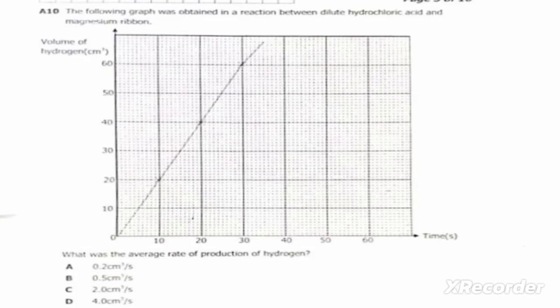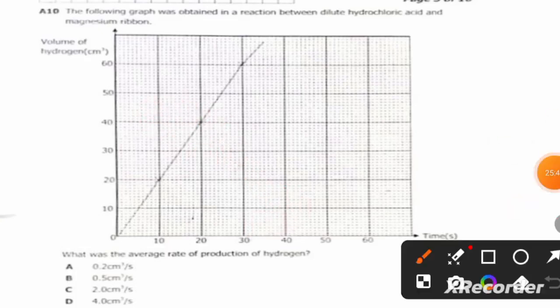So to find the average rate, we need to get the highest volume. The highest volume is 60 cubic centimeters. The corresponding time is 30 seconds.